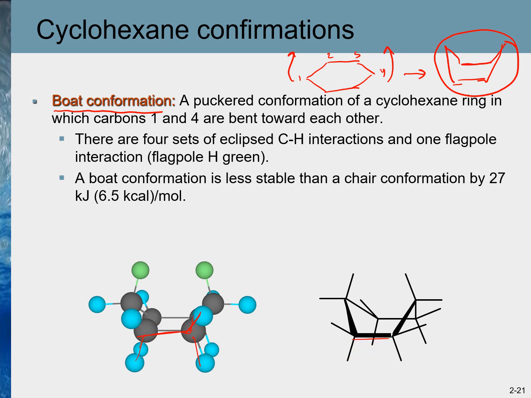The other instability factor is due to the presence of these two hydrogens at this position, this one and this one. These two hydrogens cause steric strain, and this strain is known as flagpole interaction.